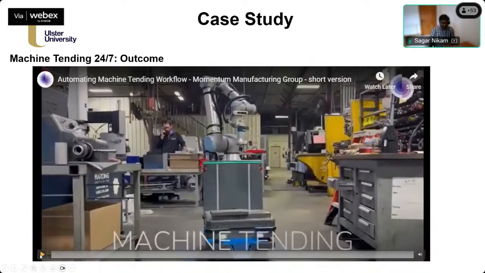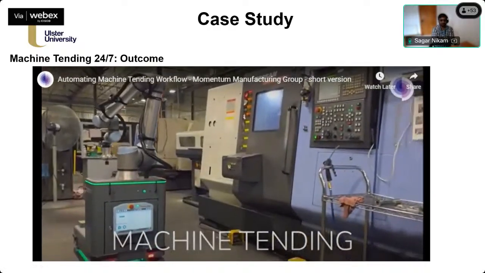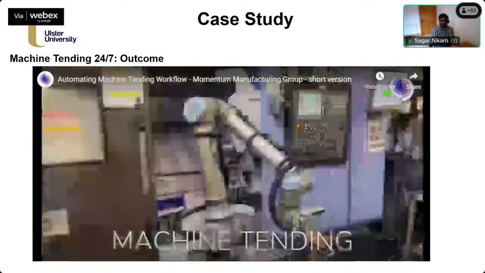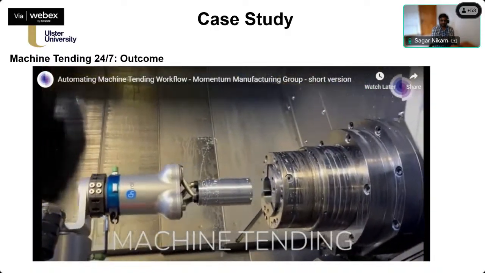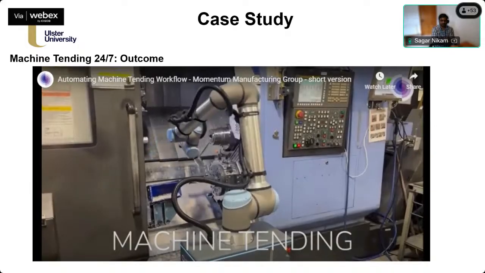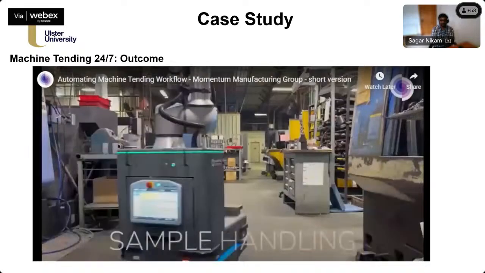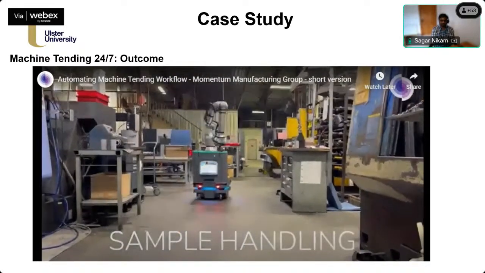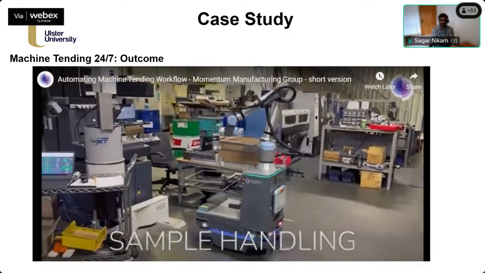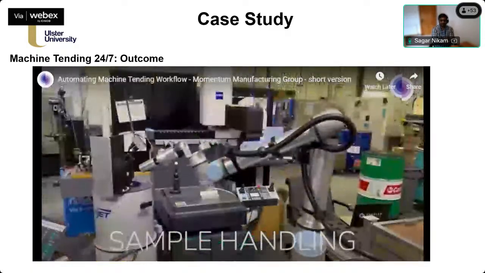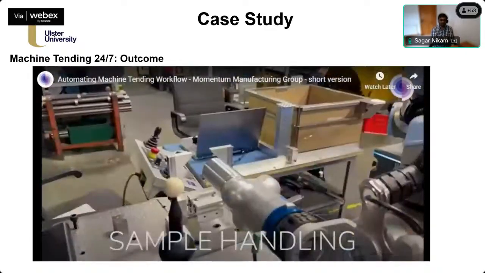I'm going to show a video of how this particular robot is doing that operation, implemented on a single lathe machine. The machine performs the machining task, and the robot takes the part off the machine. Then it goes on to cleaning. At a cleaning station, the part is cleaned of any coolant material, coolant oil, or something like that.